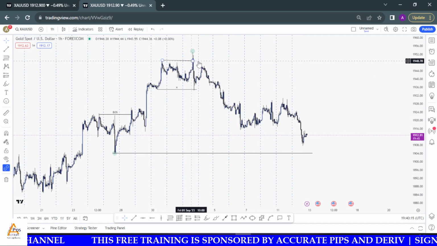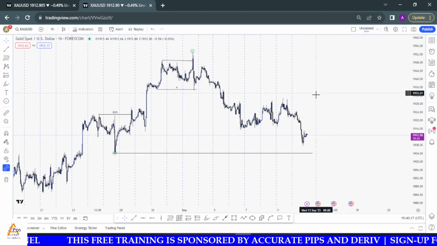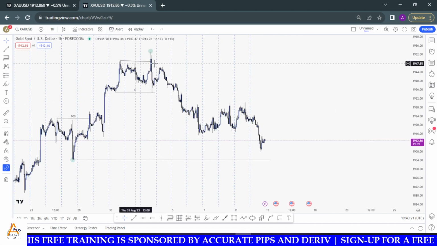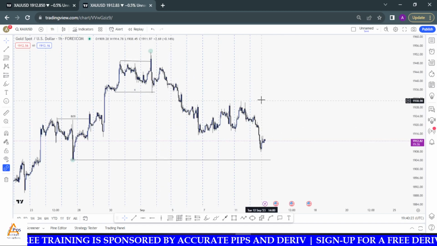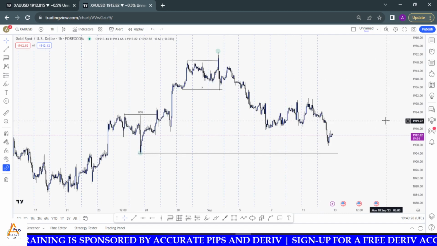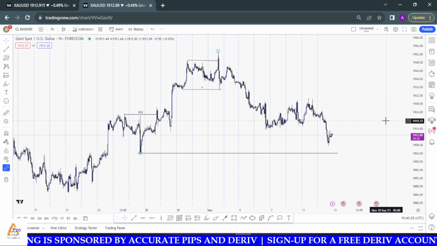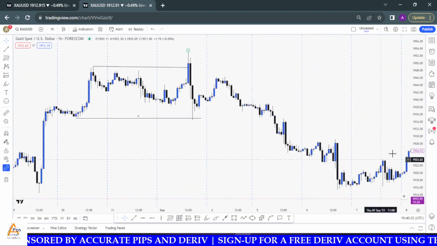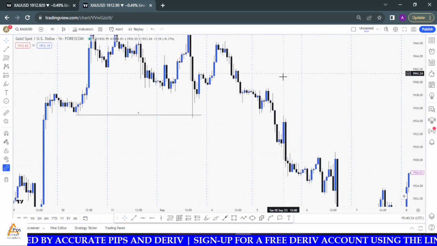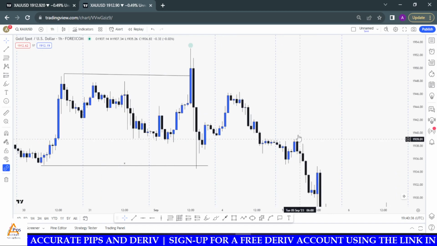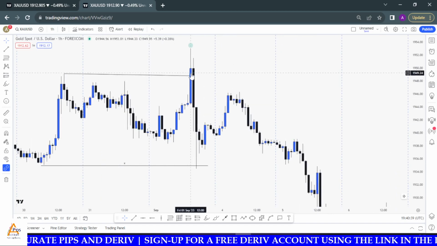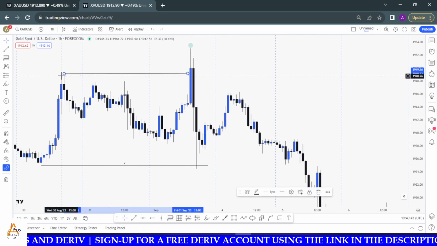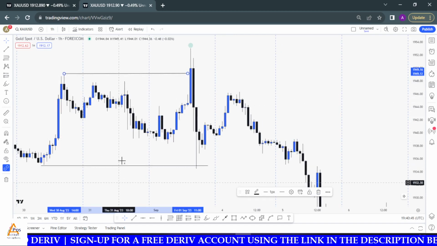Now we took out this high, but then we candle closed above it in the higher time frame. Let me increase this so that you guys can see very well. See, the candle body closed above this guy, okay?